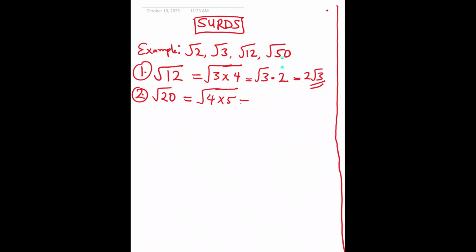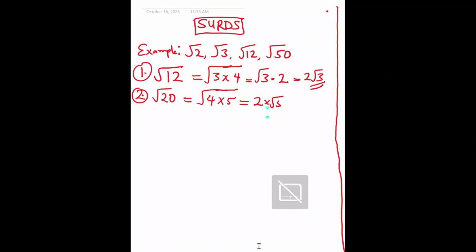The square root of 4 is 2, so that's 2 times root 5, and we can write it as 2 root 5.